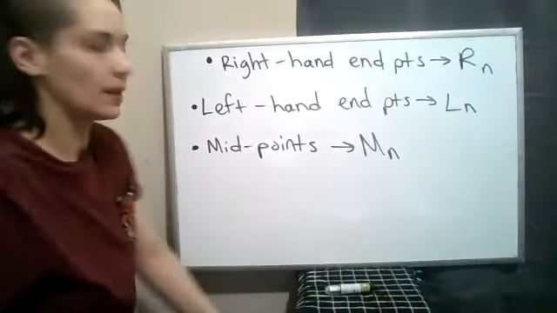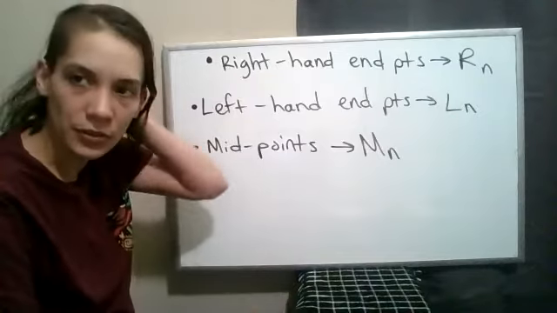Some of these problems are going to be easy to sketch, and then we can just use the drawing to find either midpoints or the left-hand points or the right-hand points. But if you really can't draw what's going on, then we need to talk about the intervals.